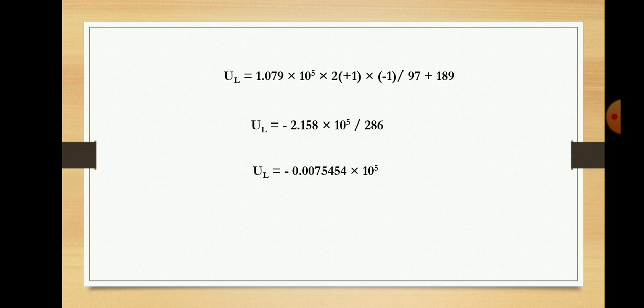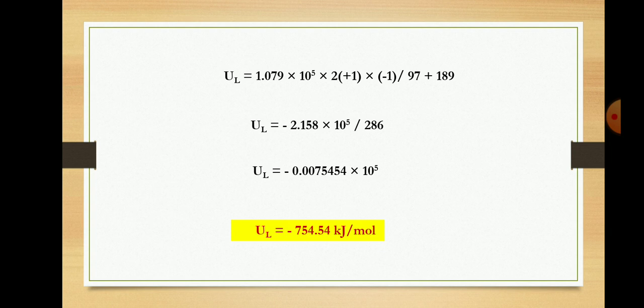In simple form, UL is equal to minus 0.00755454 into 10 to the power 5. We solve this digit in simple form. So lattice energy is equal to minus 754.54 kilojoule per mole.